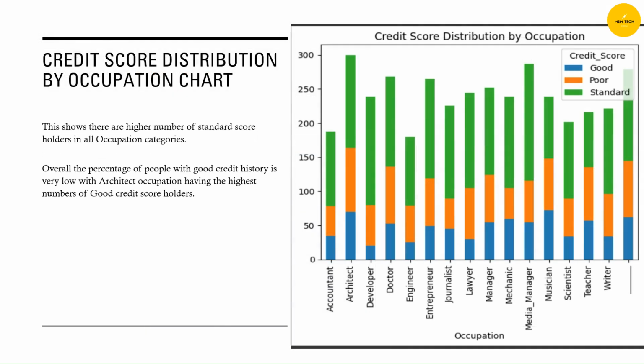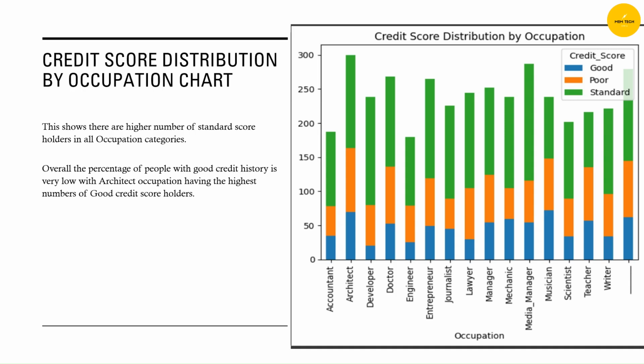The stacked bar chart here breaks down the credit scores by occupation, revealing distinct patterns. Professions like architects and musicians lead with 58% good credit scores, while developers show a higher poor score rate, around 35%. This occupational variation highlights the influence of income stability on credit management.